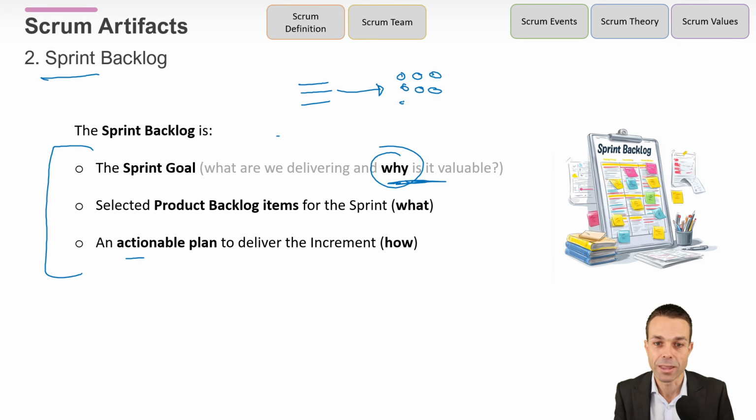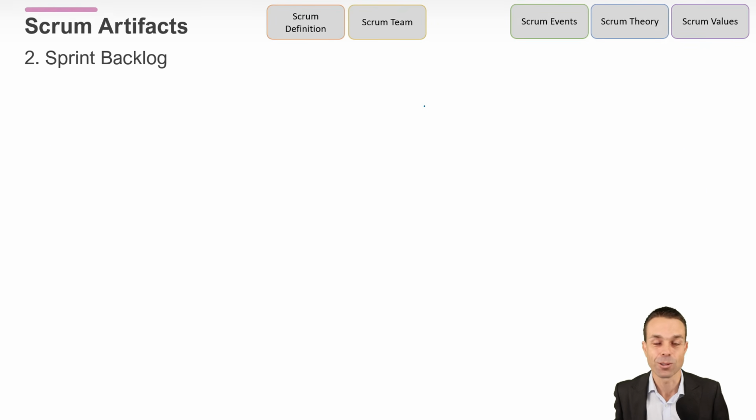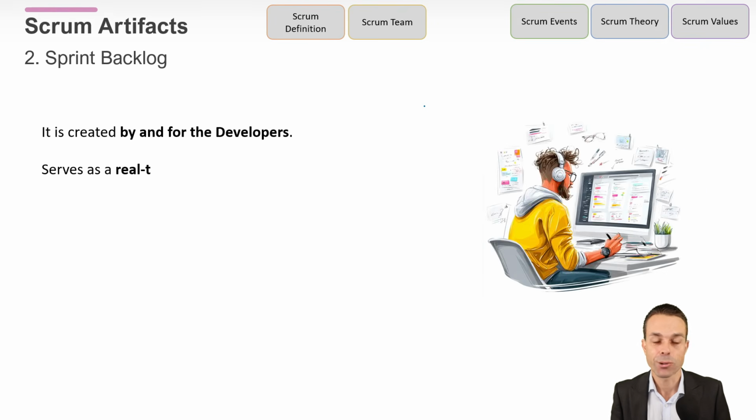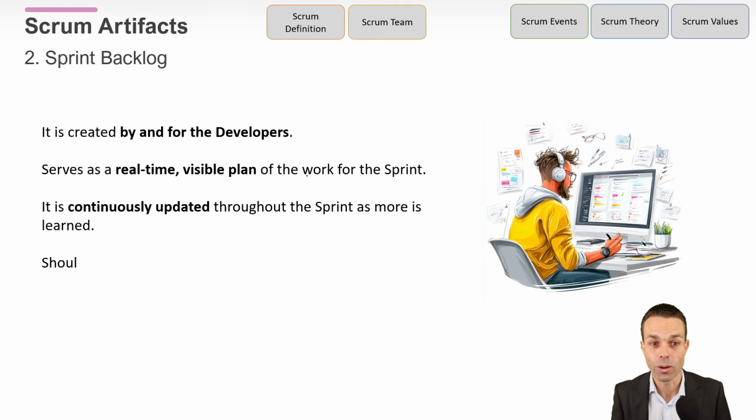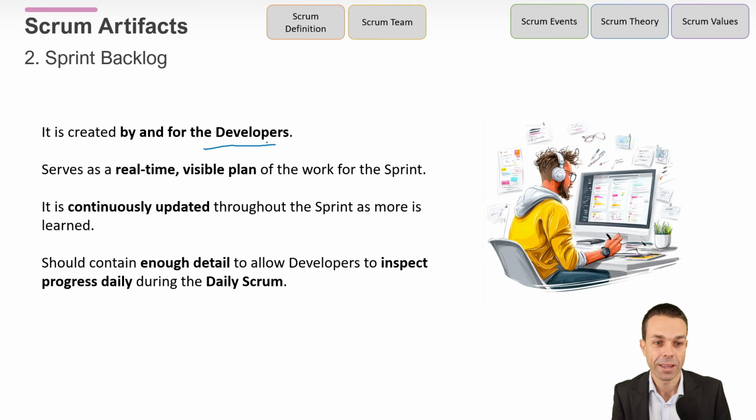That's put together by the developers, and they can put that together in any way they want. They can break down the work in any way they want. That's how they're going to deliver that work. It's created by and for the team, by the developers. It serves as a real-time visible plan for the work of the sprint, and it's continuously updated throughout the sprint as more is learned. It should contain enough detail to allow developers to inspect progress daily in our daily Scrum.